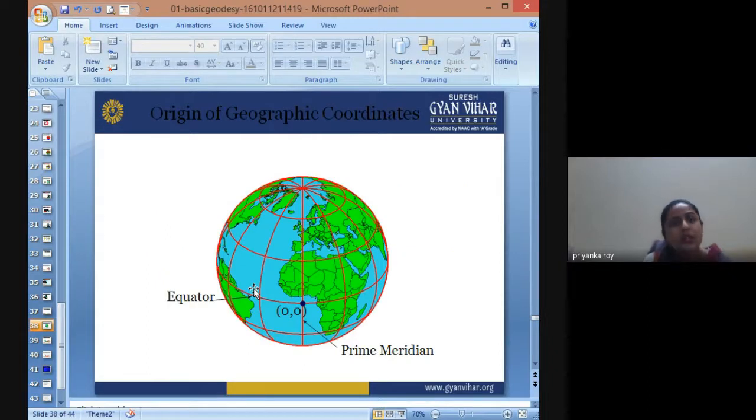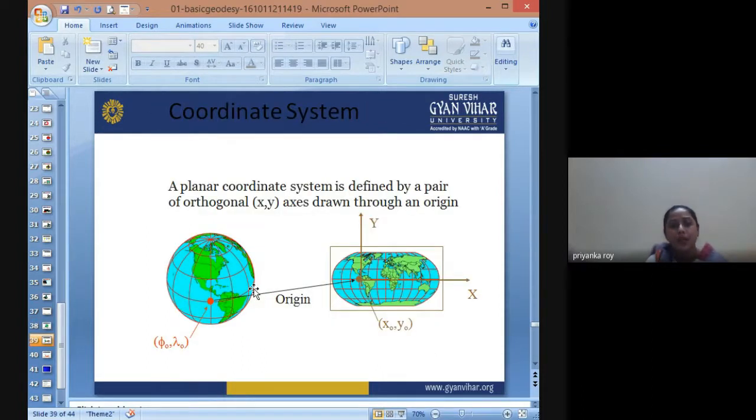The origin of the geographic coordinate system is a combination of latitude and longitude. Now the planar coordinate system is defined by a pair of orthogonal axes drawn through an origin.